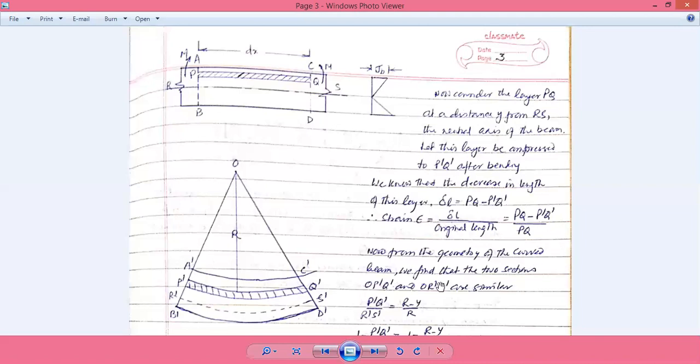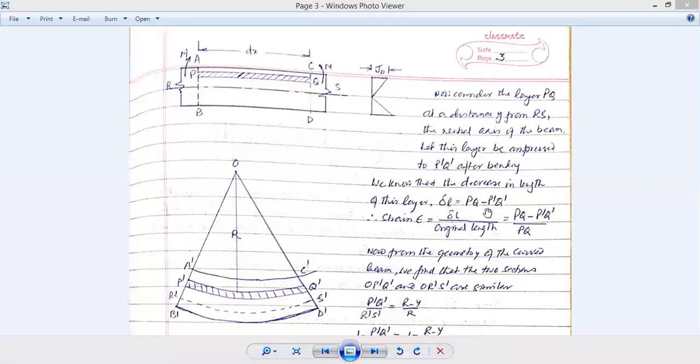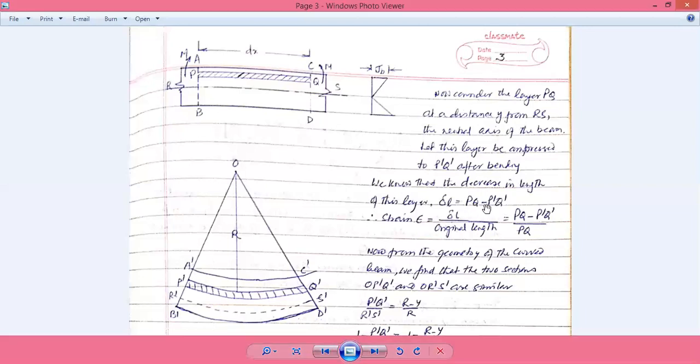Now, what we see here, as it is above the neutral axis, P dash Q dash is under compression, not under tension. So the decrease in its length is equal to the original length PQ minus the final length P dash Q dash. So that is, strain, we know, is deflection divided by the original length: PQ minus P dash Q dash by PQ.